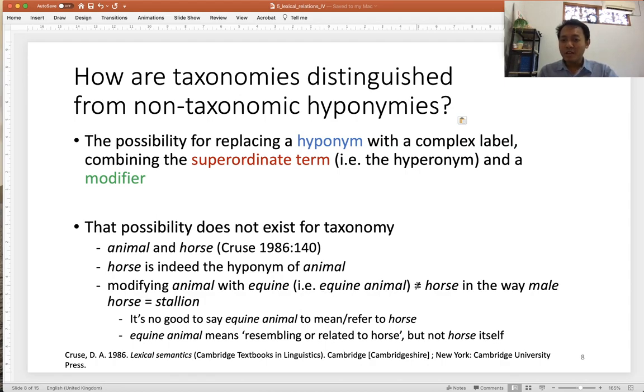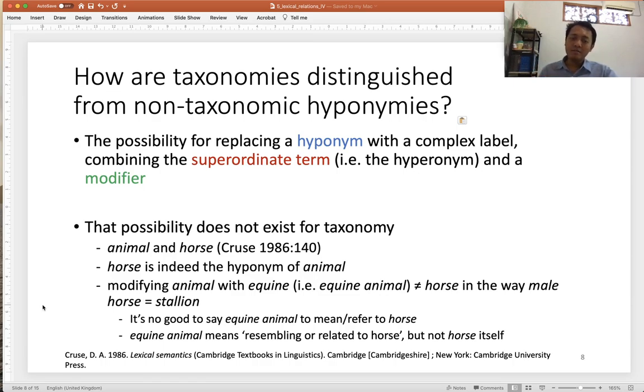So equine animal is not the same as horse in the way male horse is the same as stallion, or female horse is the same as mare. It is no good to say equine animal to refer to horse. You can't, because equine animal means resembling, only similar to horse, but not horse itself. So those are the differences between taxonomy and non-taxonomic hyponymies.